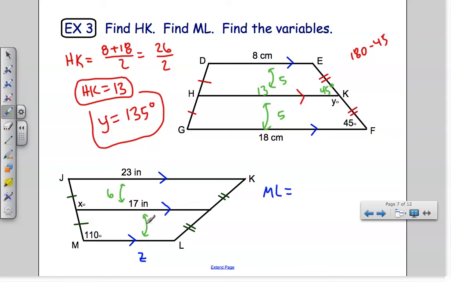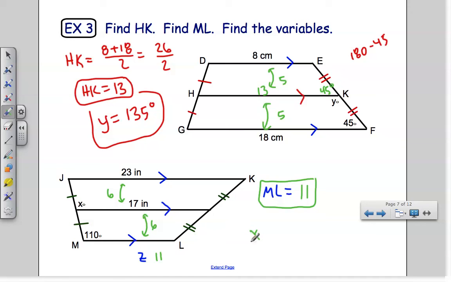So then 17 is 6 away from this base length. I did 23 minus 6 to get 17, and then 17 minus 6 would give me 11 for that base, or ML. And if you check that, is 17 the average of 23 and 11? Well, you would add 23 and 11, get 34, divide by 2, and yes, you get your 17.